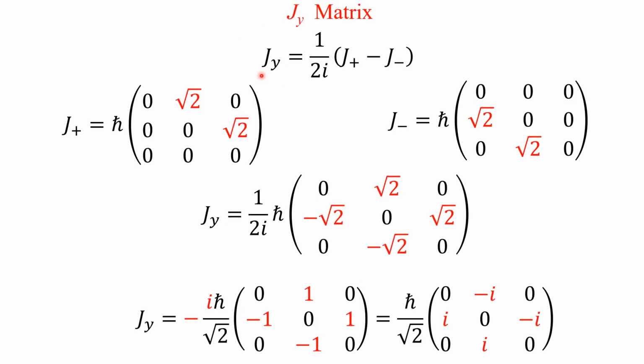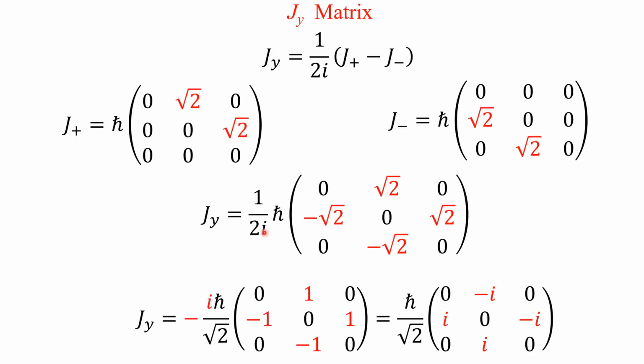Similarly, we can find the Jy matrix. Already we have seen Jy is equal to 1 over 2i, J plus minus J minus. So this matrix minus this one. So here already there is an H cross I have taken out, and 2i, this 2i comes here in the denominator. Then this minus this. So I have made it minus square root 2, minus square root 2. Now what I am going to do is I will multiply and divide by i.